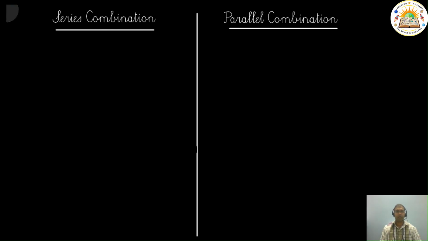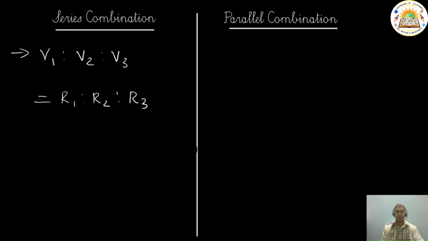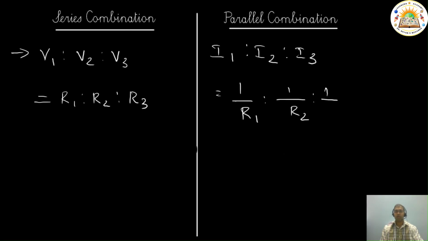When I say potential difference is getting divided, I will have it like this: V1 is to V2 is to V3 is proportional to R1 is to R2 is to R3, because current is the same in a series combination. Whereas in parallel, I have got three different currents. I1 is to I2 is to I3 will be equal to 1 by R1 is to 1 by R2 is to 1 by R3. So what have I done? In parallel combination, voltage or the potential difference remains the same, the current varies.